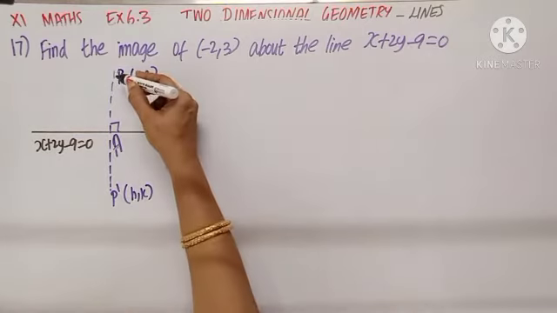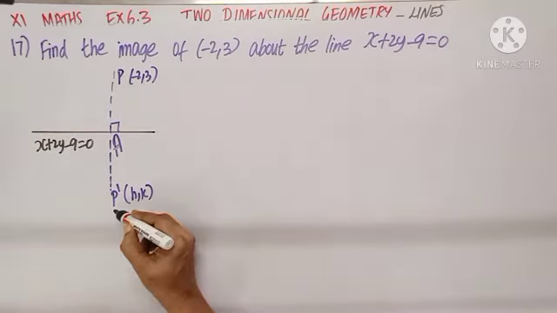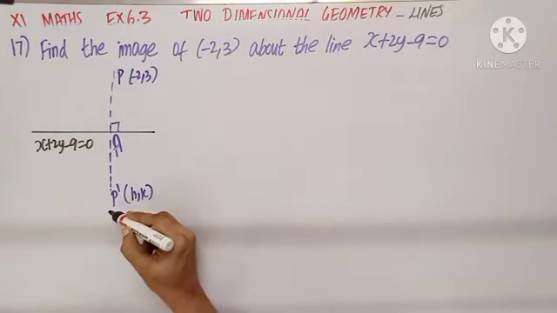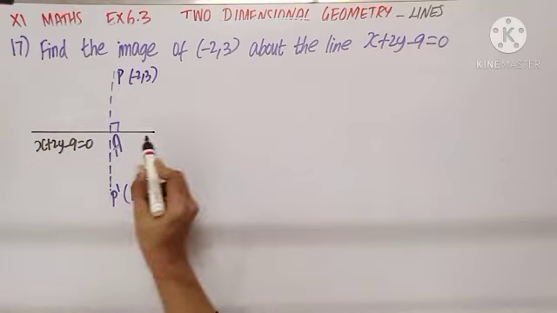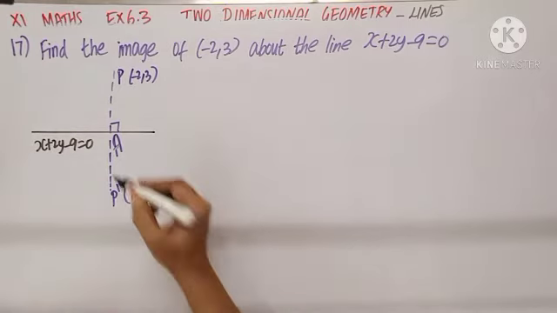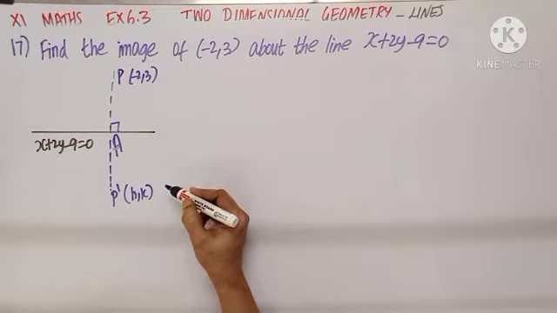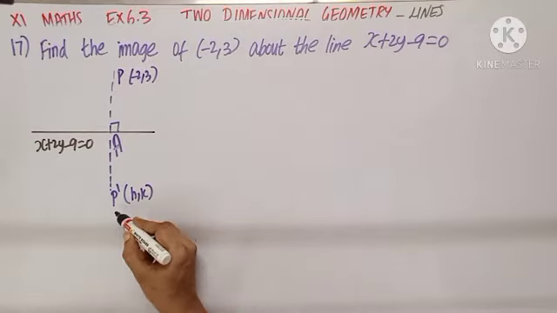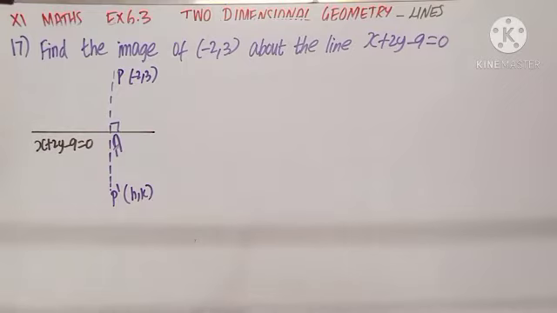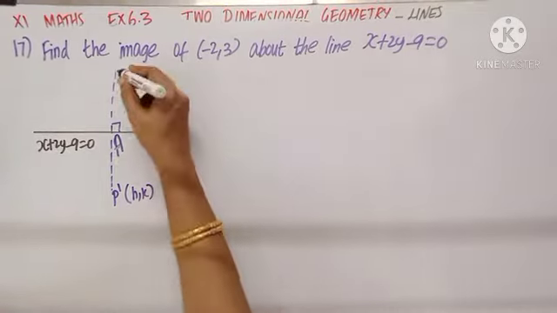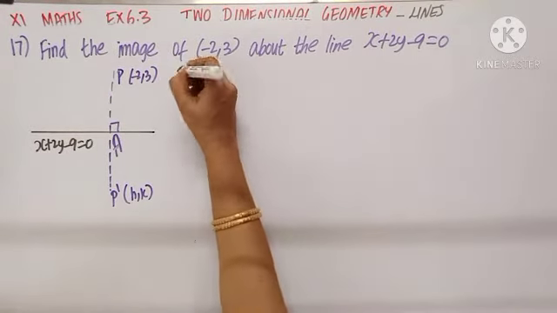If I join P and P dash, this is a line perpendicular to the given line. If I consider A as the midpoint, I can easily find out what is P dash. So my first step is to find the equation of PP dash.